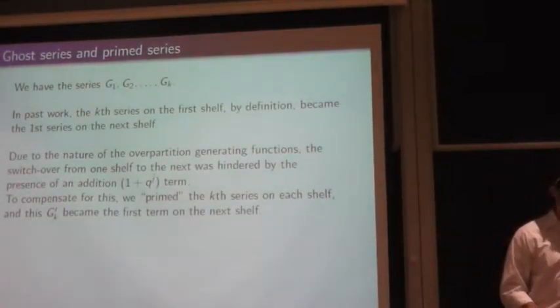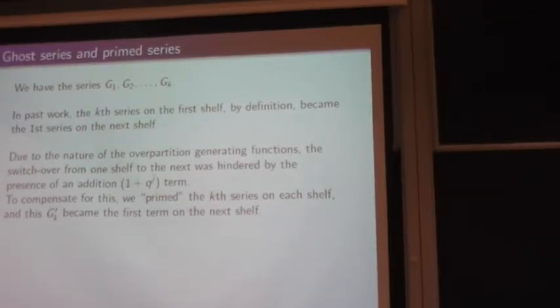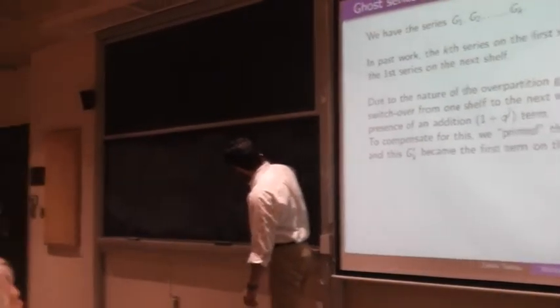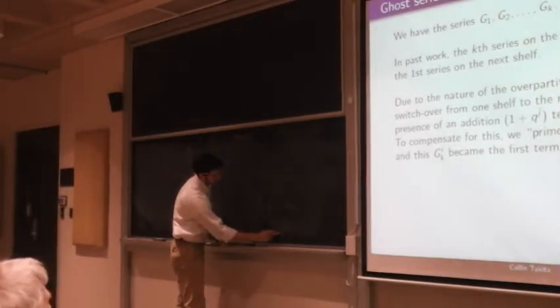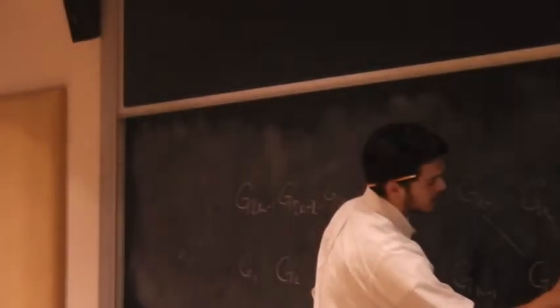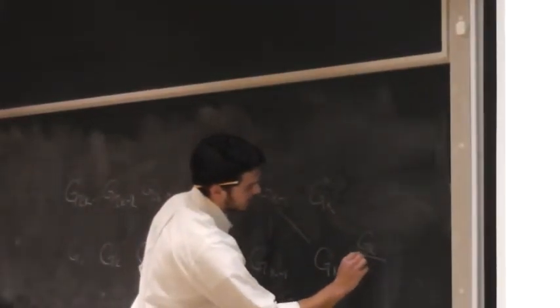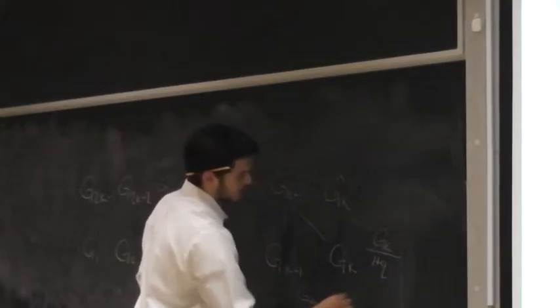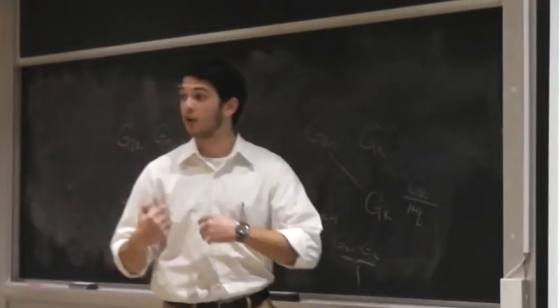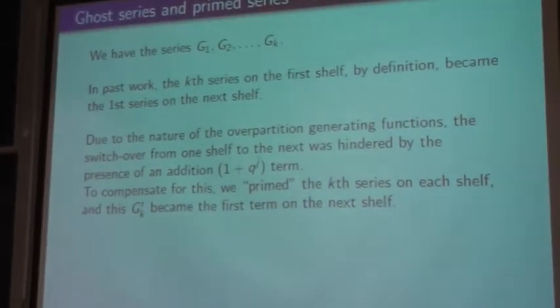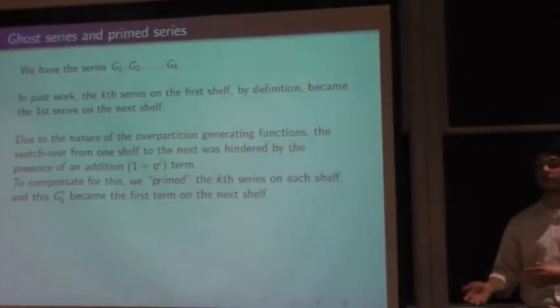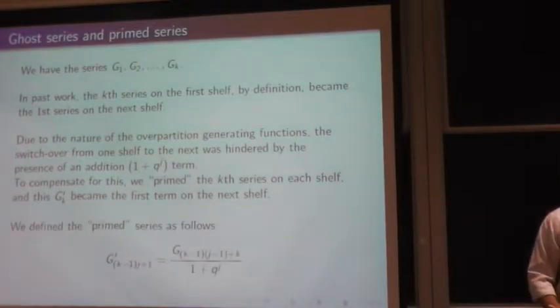To compensate for that, this guy actually became a G sub k prime, which was just our notation for taking the difference. Our G sub k prime was actually just G sub k divided by 1 plus q, because we had to take off that extra value of 1 plus q, and that gave us back a formal series that started 1 plus q to some power.